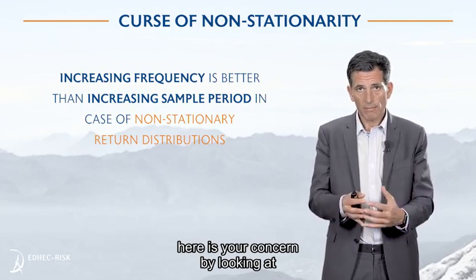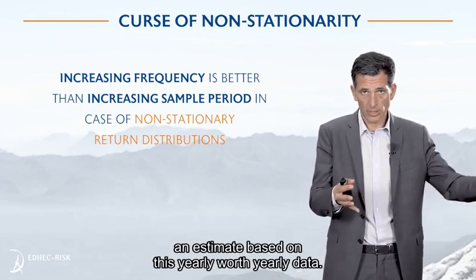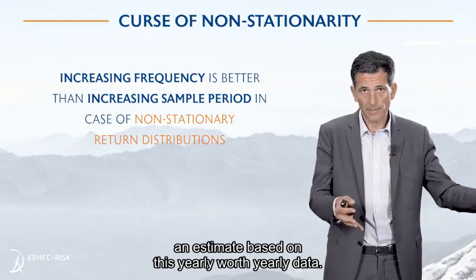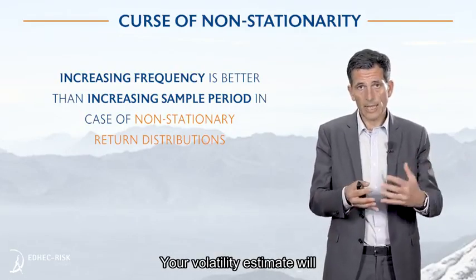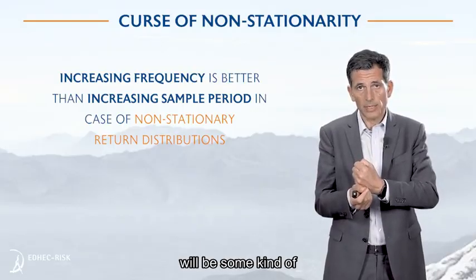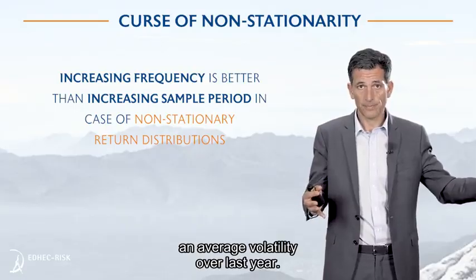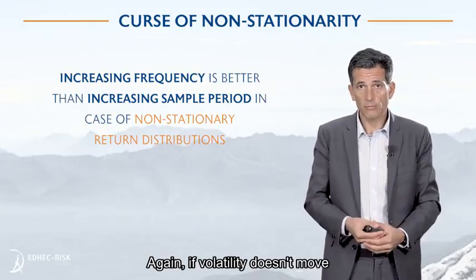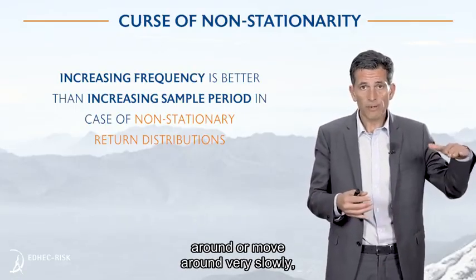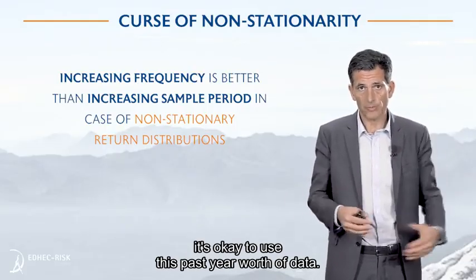So if you're stuck with daily data and you're looking at a year worth of return, here is your concern. By looking at an estimate based on this yearly data, your volatility estimate will actually not be today's volatility estimate. It will be some kind of an average volatility over last year. Again, if volatility doesn't move around or moves around very slowly, it's okay to use this past year worth of data.